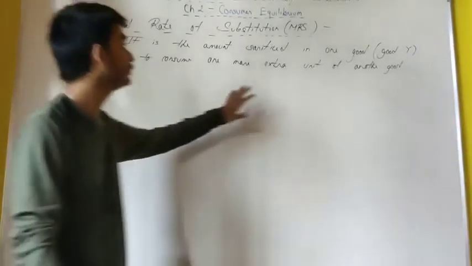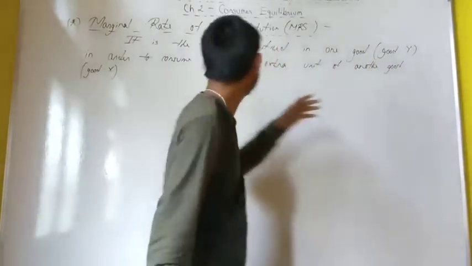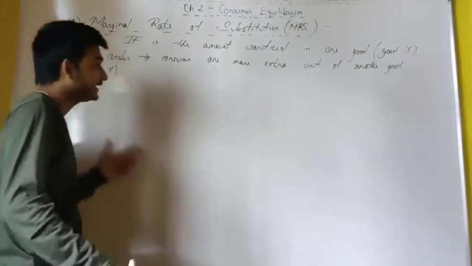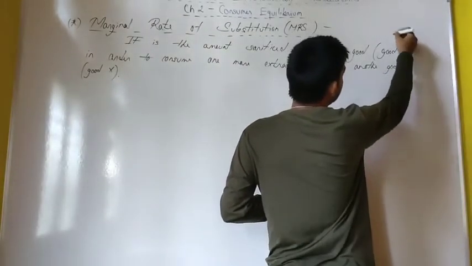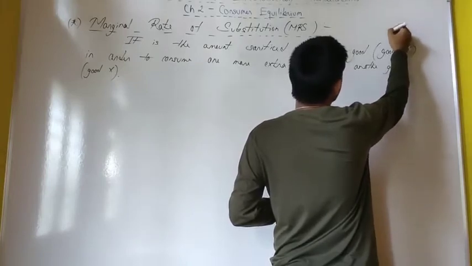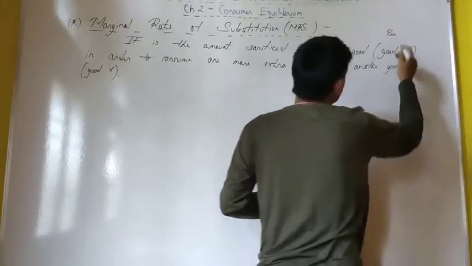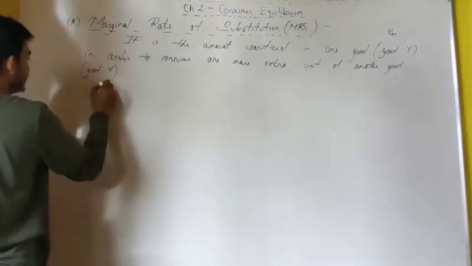Before going into details, let me tell you that good Y could be any commodity and good X could be any other commodity. Say suppose good Y is pen, and good X is pencil.